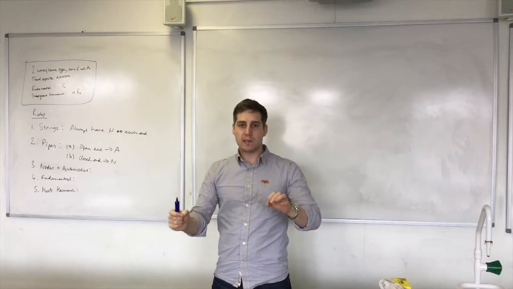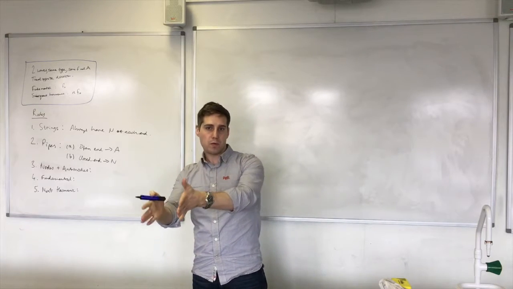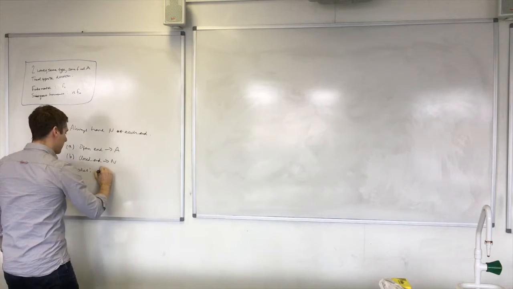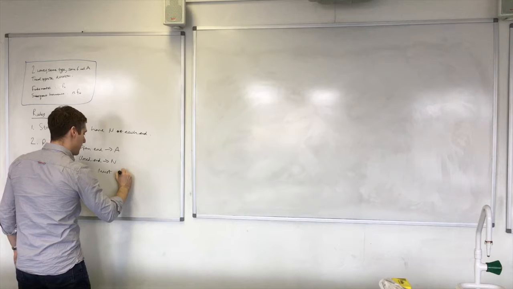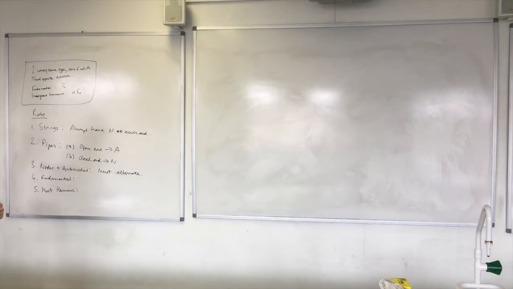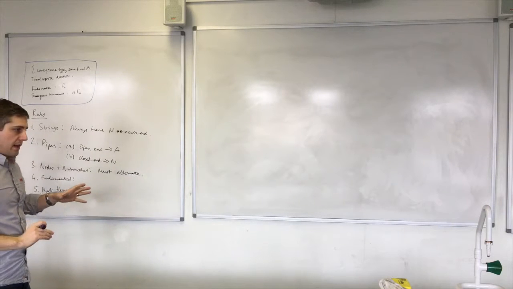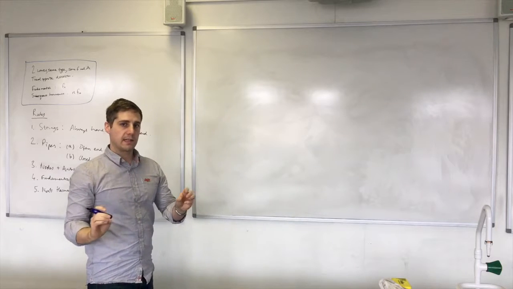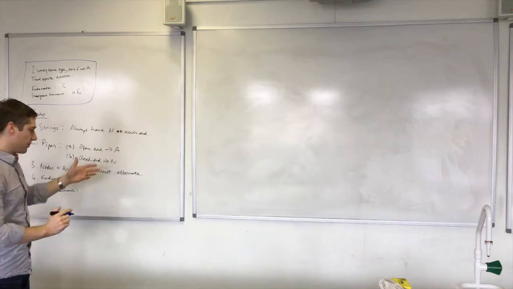Now, nodes and antinodes always alternate. You can't have two nodes together or two antinodes together. So these must alternate if you have a standing wave. So that's my third rule. And the second rule is that the fundamental occurs with the fewest number of nodes and antinodes given these rules above.